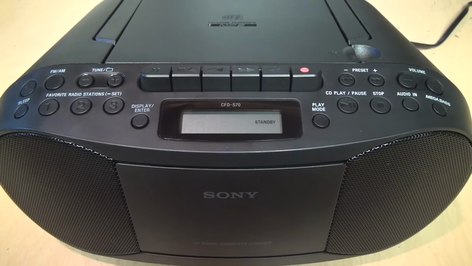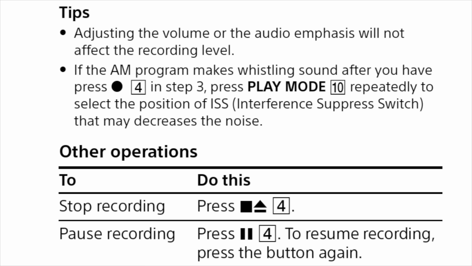There is at least one new product which you can still buy today which has a beat cut function. It's the Sony CFD-S70 CD cassette boombox. Sony calls it ISS, which stands for Interference Suppression Switch.